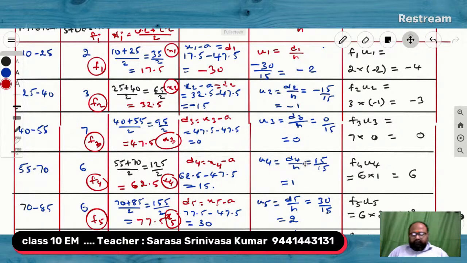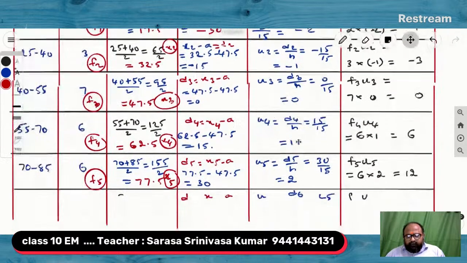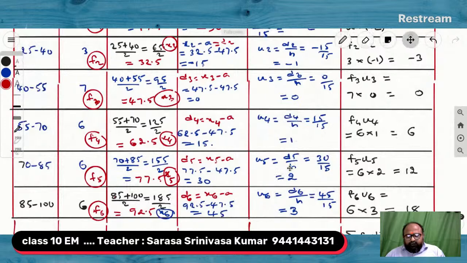u4 is d4 by h. d4 is 15, h is 15, so 15 by 15 is 1. u5 equal to d5 by h. d5 is 30, h is 15, so 30 by 15 is 2.